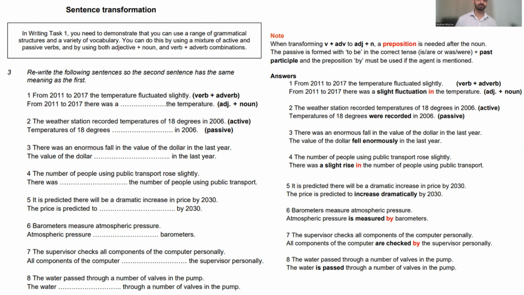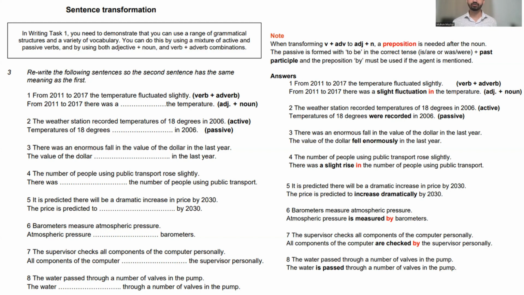You can see that this one is adjective plus noun, and you're using the preposition here. It is predicted that there will be a dramatic increase in price by 2030. The price, you're using active and passive. Price is predicted, and predicted is the past participle, to increase dramatically by 2030.